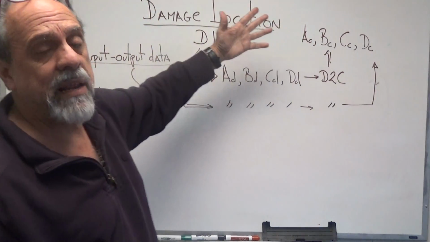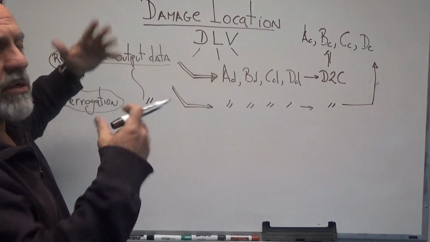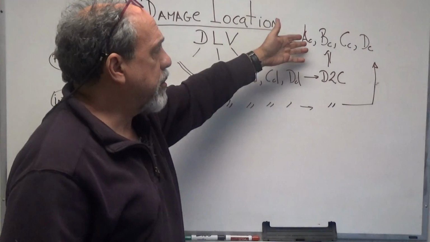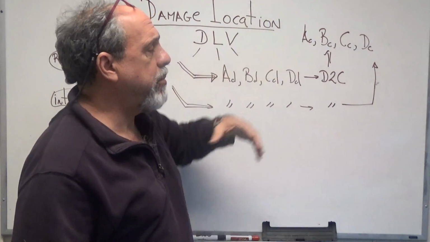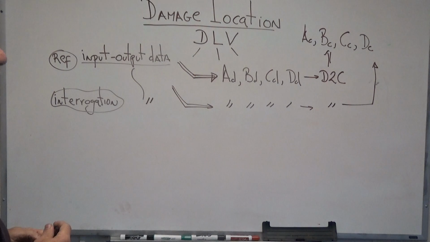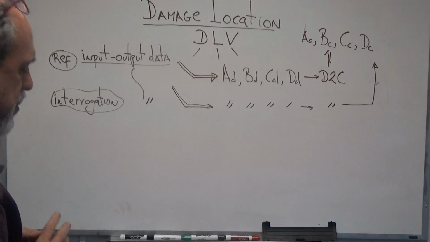They will never be exactly the same, right? Because there is noise, there is this, there is that. But the change that we've perceived in the eigenvalues of A, for example, is large enough that we've decided, okay, this structure has suffered some damage. We would like to have some information on the location of that damage.